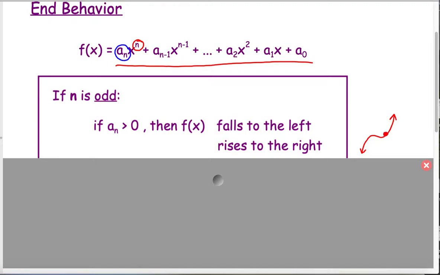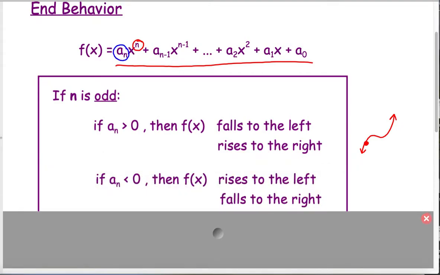I know inside here it's rising, then falling, and then rising again, but just looking as we keep going: as x gets really, really big, where is it going? It's going up. And as x gets really, really small, negative 100, negative 1,000, where is it going? It's going down.